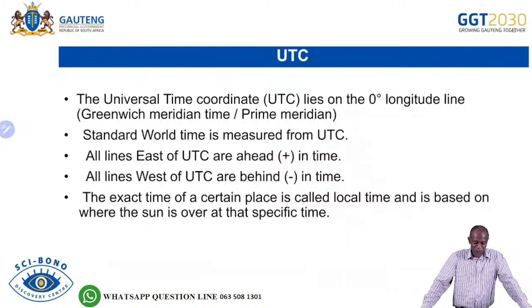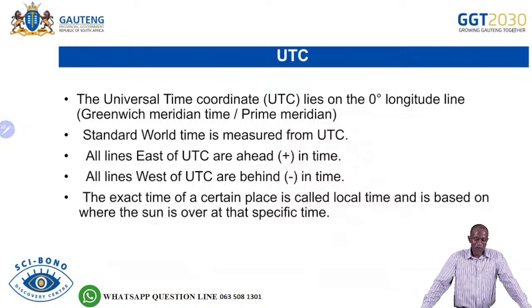All the lines of longitude west of the UTC are behind in time, and they are indicated with a minus sign. We'll get to see that when we get to the actual practice of the time zones.